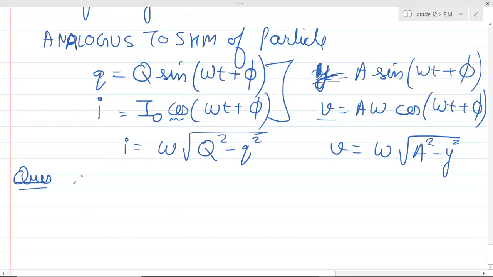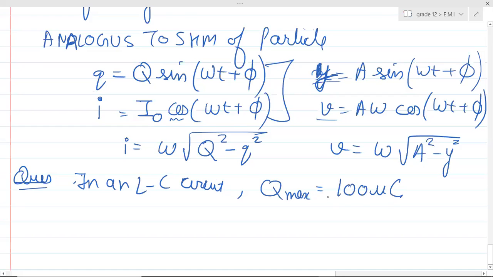Now question. The maximum charge on the capacitor is 100 microcoulomb. L value is 40 millihenry. Capacitor की value जो है वो 100 microfarad है.